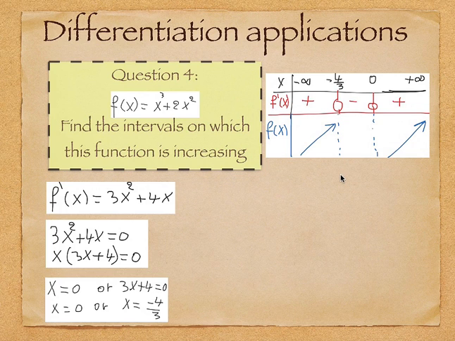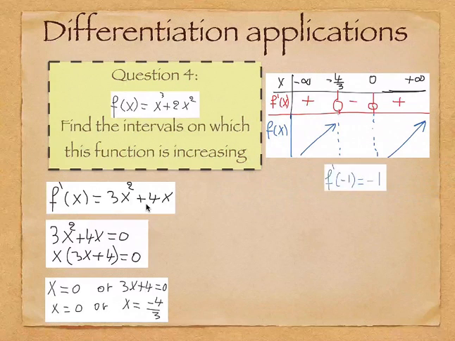Another way to find out the sign is to take any value anywhere. For example, I take a value between -4/3 and 0. Let's take -1 and substitute it in your derivative and see what sign you get. So f prime of -1, when you calculate, you get -1, so it's negative.